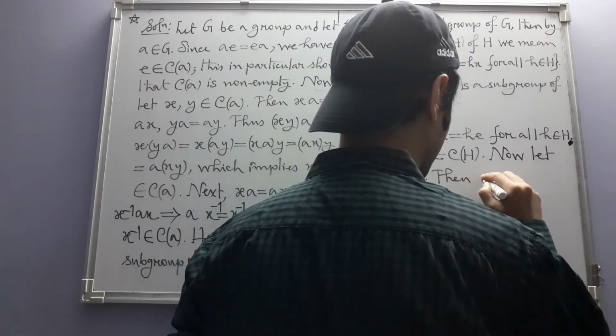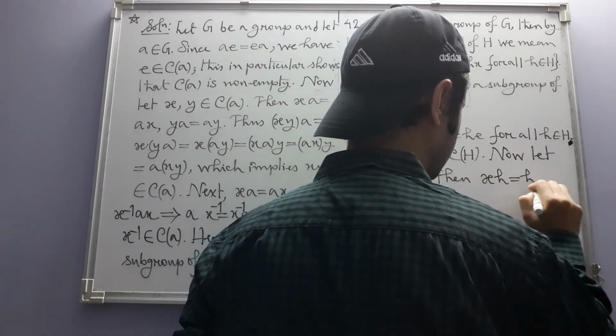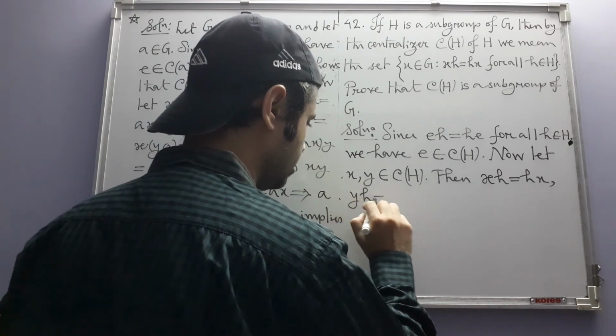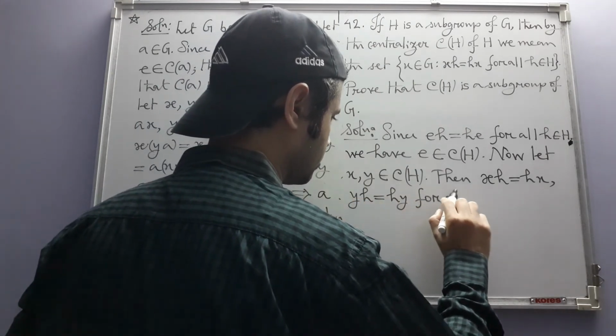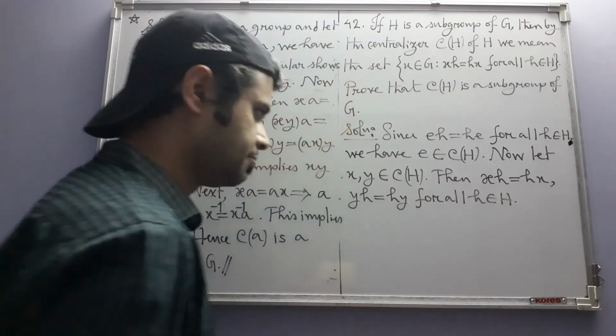Then XH is equal to HX and YH is equal to HY for all h belonging to H.